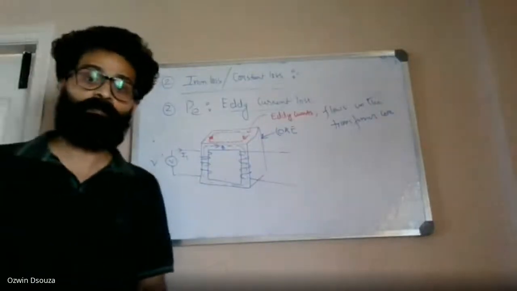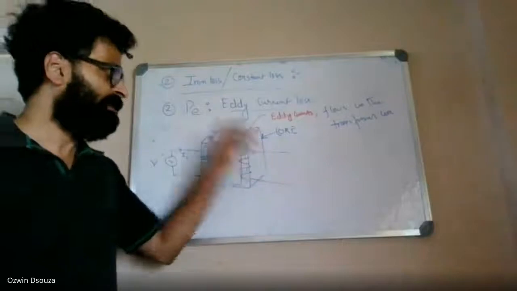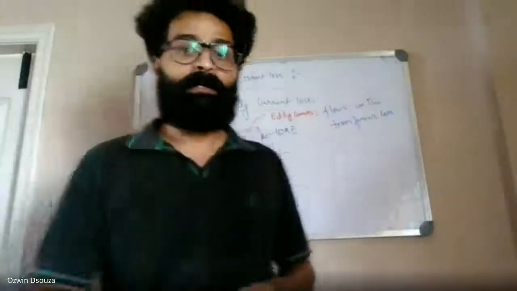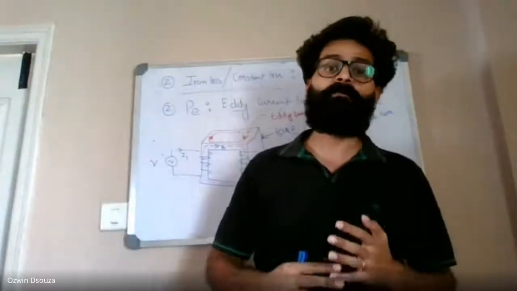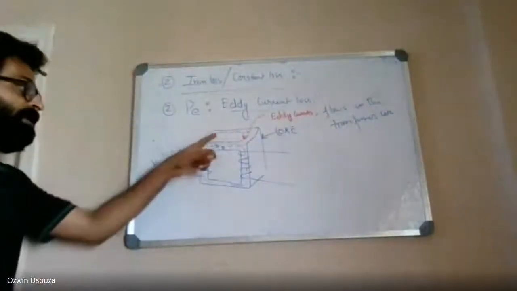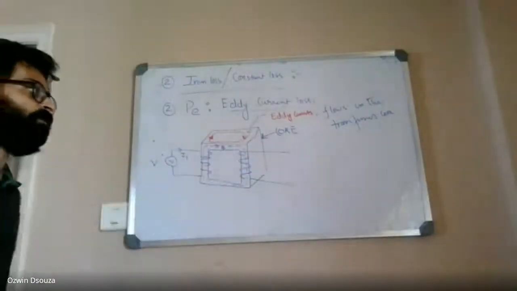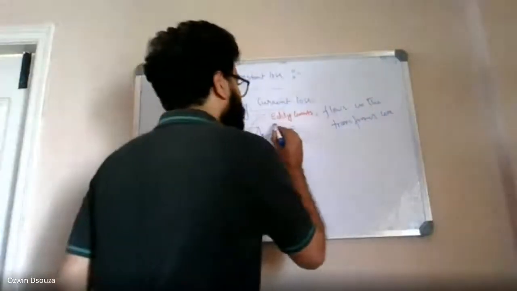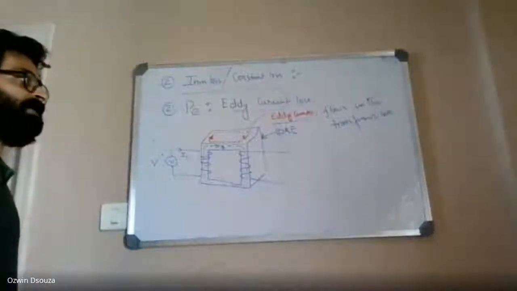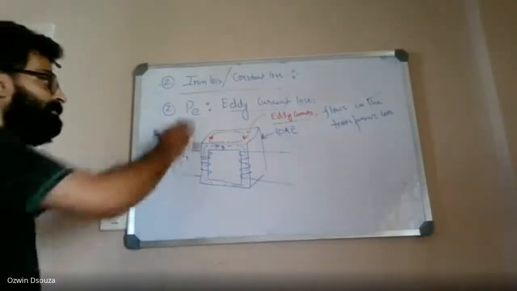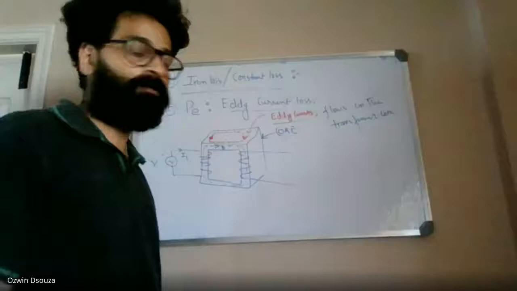Whenever there is a closed path, and one more thing, it is made up of ferromagnetic material. Ferromagnetic materials are very good conductors as well. So there will be a flow of circulating current in the closed transformer core. This circulating current itself is called eddy currents. And due to the flow of eddy current, the eddy current losses start to appear.